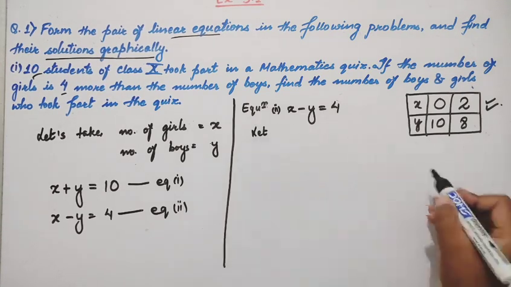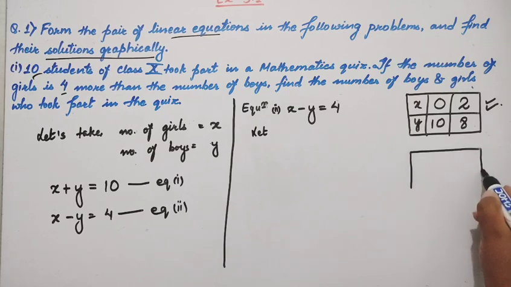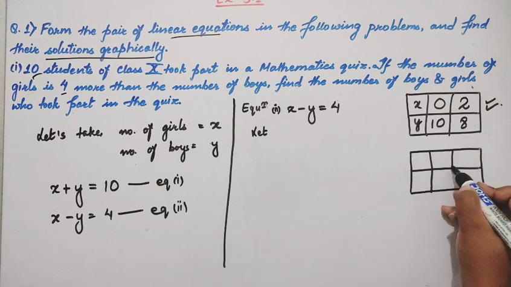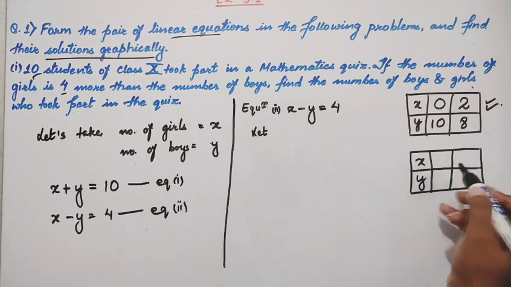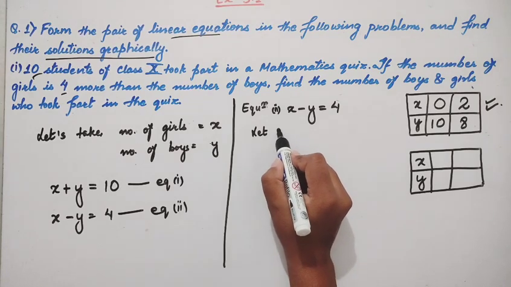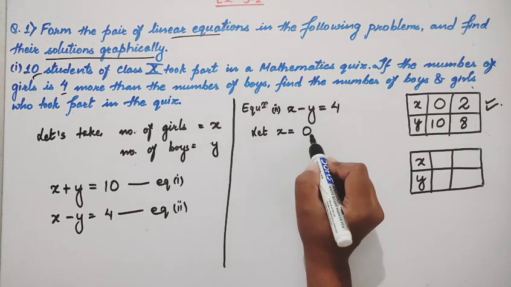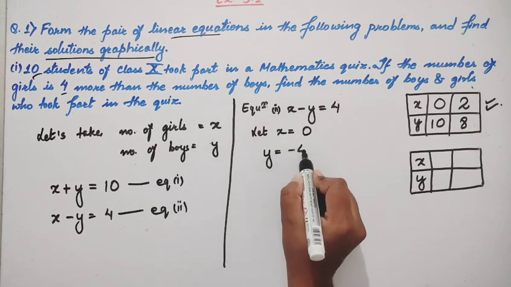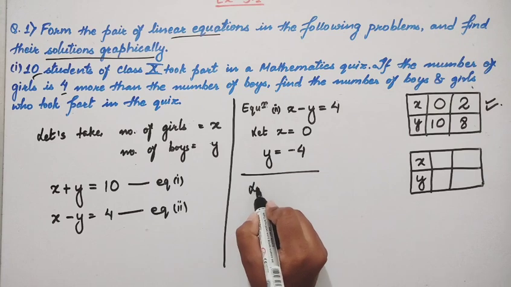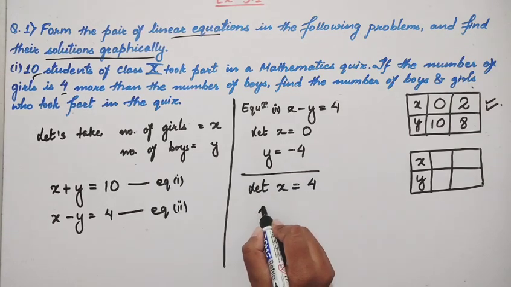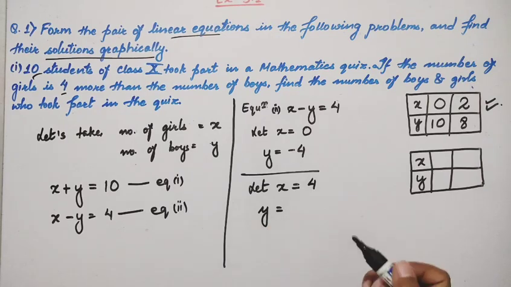Now let us take X equals 0. In that case, Y is minus 4, and if we take X equals 4, your Y will be 0.